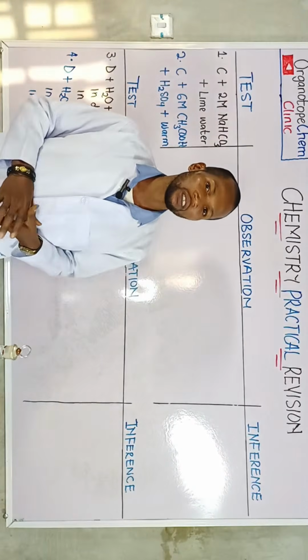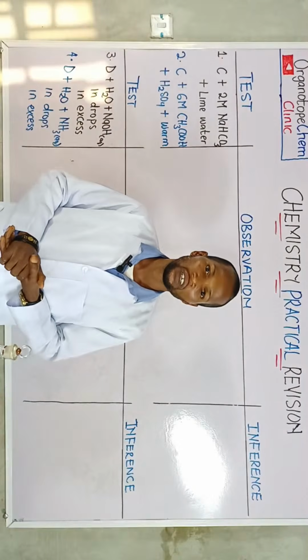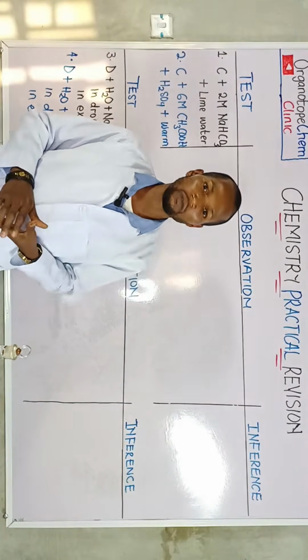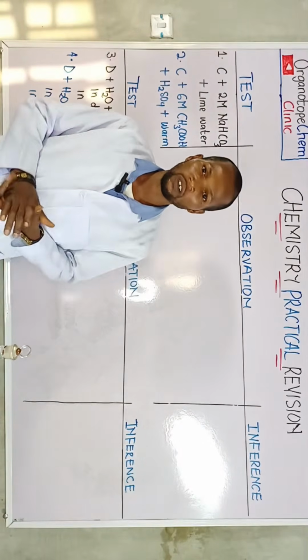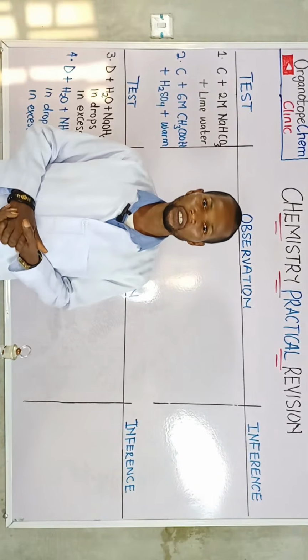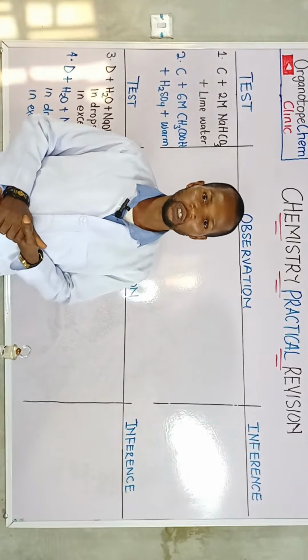Normally, you are not expected to know the constituents of this mixture, but I want to believe that many of you have actually run the practical exercise in your various schools before now. So I'm going to review the components of the mixture to you.